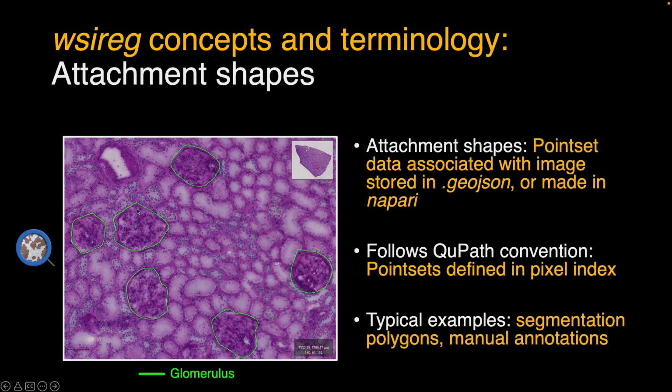So on the left here, I'm just showing some manual annotations of glomeruli in this PAS image that we've been using throughout this demo. But this could also be cell detections that were made through QuPath or anything else. And if you're savvy, you can put other point set data in this GeoJSON format. It's quite well defined.